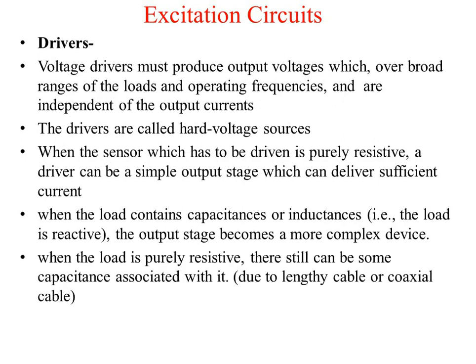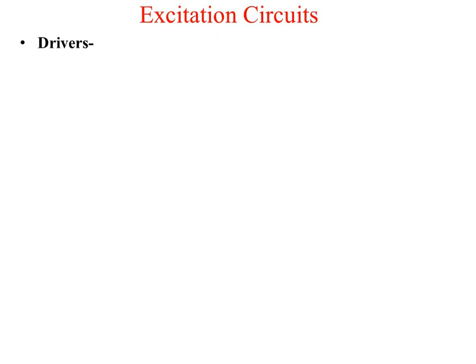When we consider the load as purely resistive, there can still be some capacitance associated with it, because of whatever cable we are using to connect the load. Specifically, if the load is connected with a coaxial cable, it will cause a capacitive effect, and you need to consider it.